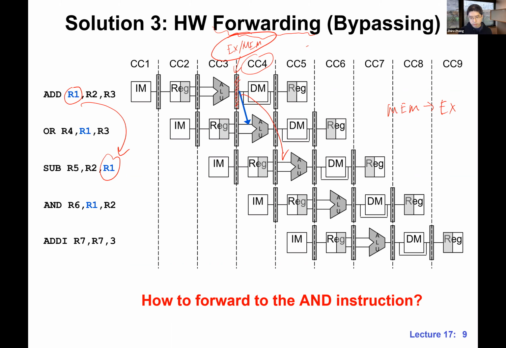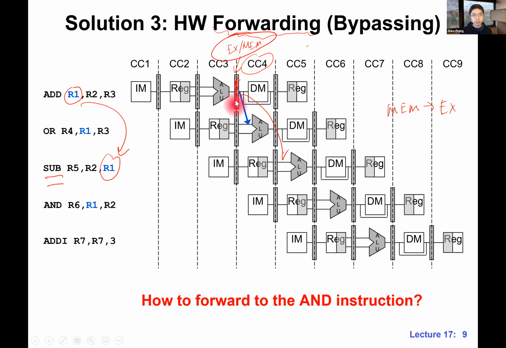But when do we do the subtraction? In CC5, right? We're using the ALU for the subtraction, for the sub instruction in CC5. But in CC5, this register, the EX/MEM register, let me highlight this again, no longer holds the value of R1.